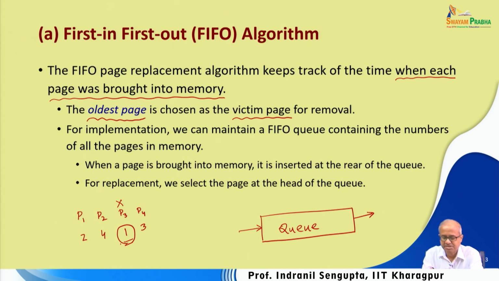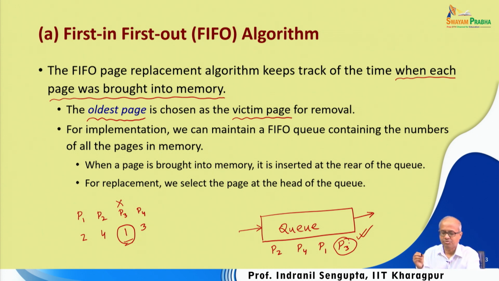For pages P1, P2, P3, P4, this is the order in which they arrived, so that is the same order in which they will be put in the queue. Finally, after all pages arrived, P3 will be at the head, then P1, then P4, and P2 will be at the rear of the queue. So when you have to select a victim page, select the page at the head of the queue.